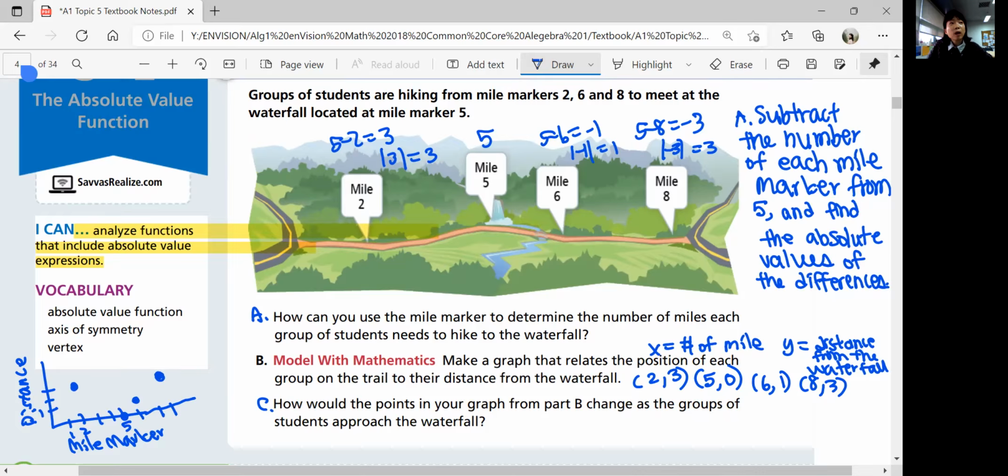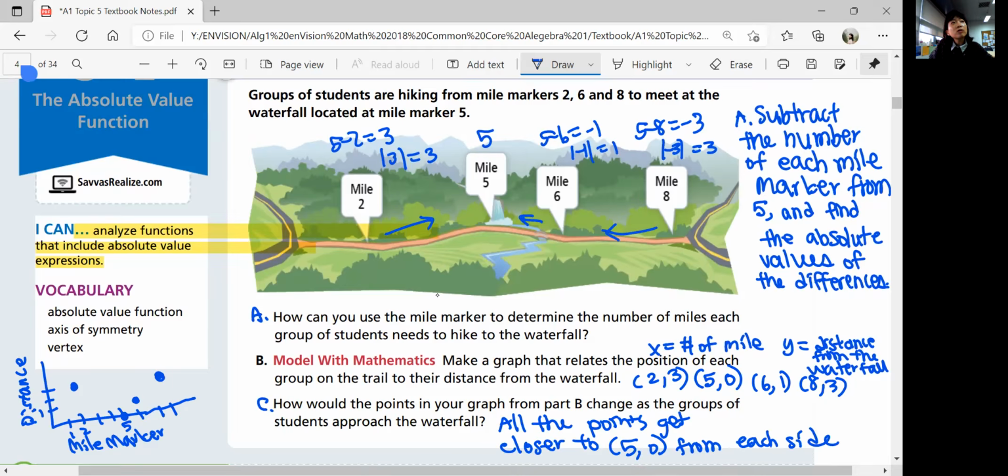How would the points in your graph from part B change as the groups of students approach the waterfall? If they start moving closer and closer to the waterfall, how would the points change? Because Y is the distance from the waterfall, they're going to go closer and closer to 0, right? Distance is going to get lower. So all the points, except for 5, 0, get closer to 5, 0 from each side.